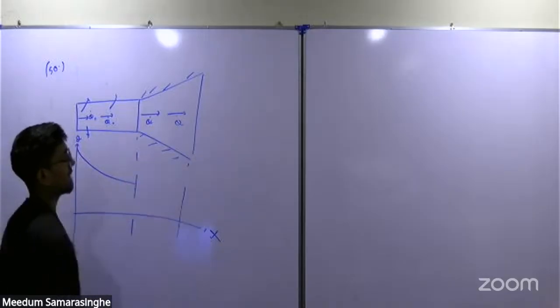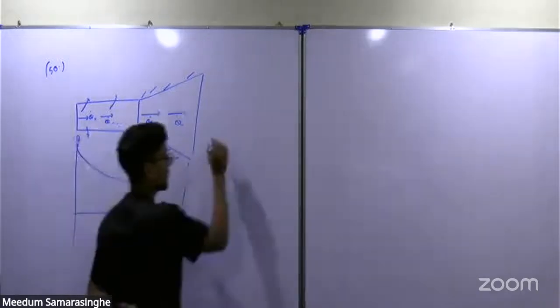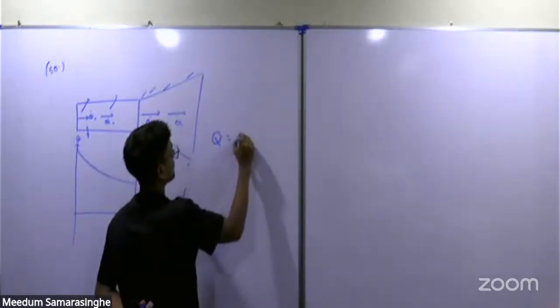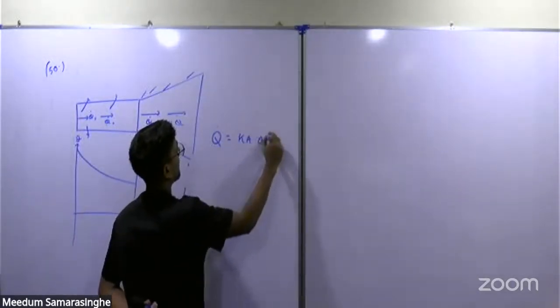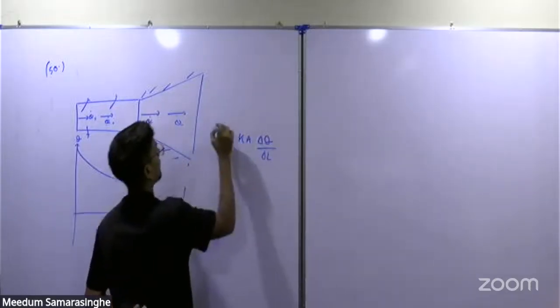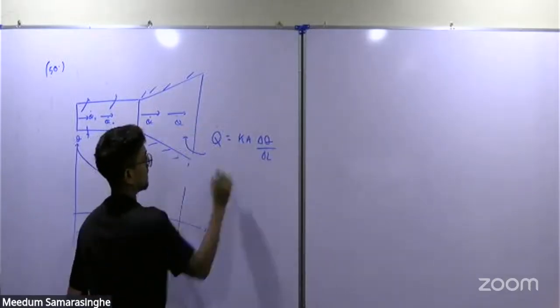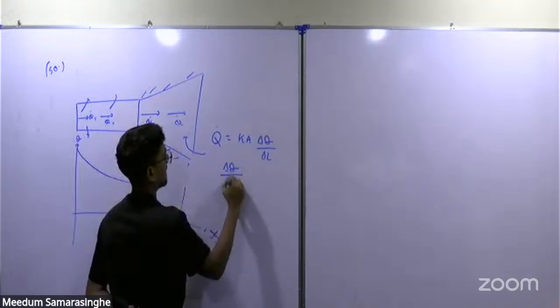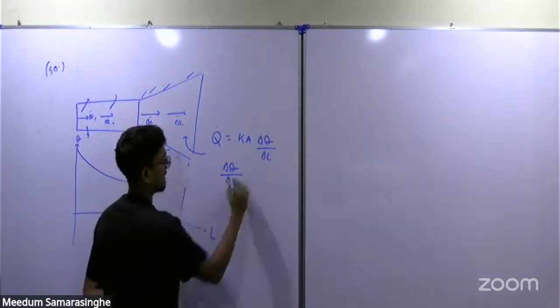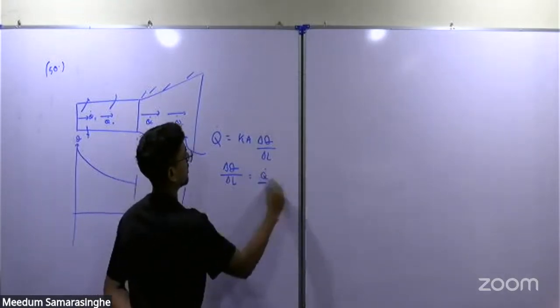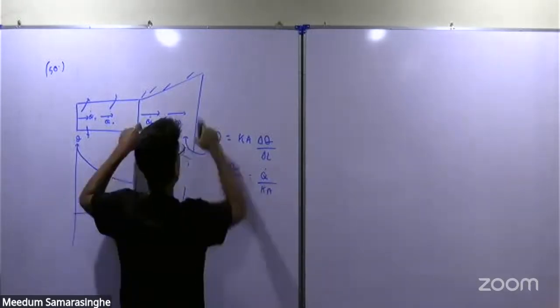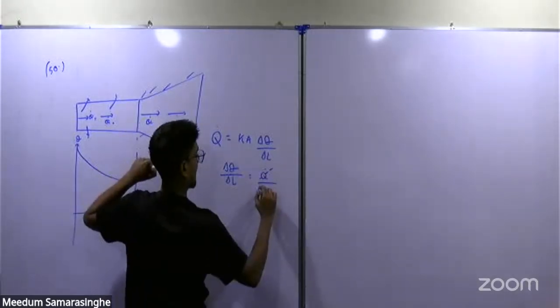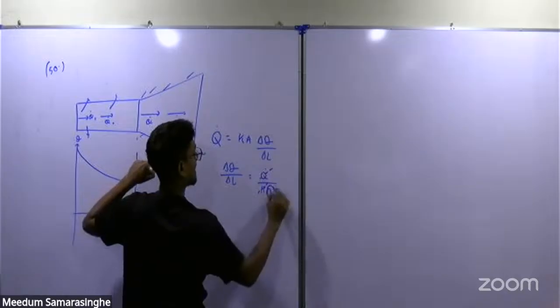When you consider this section, you can apply Fourier's law, Q dot equals K A delta theta over delta L. This is for this section only. So the temperature gradient, delta theta over delta L, equals Q dot over K A. From here to here, Q dot is the same, K is the same, but the area is increasing.